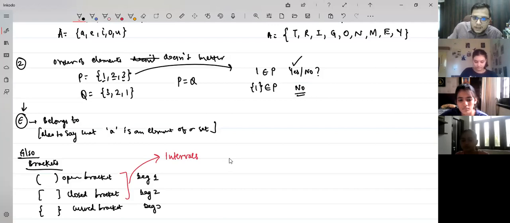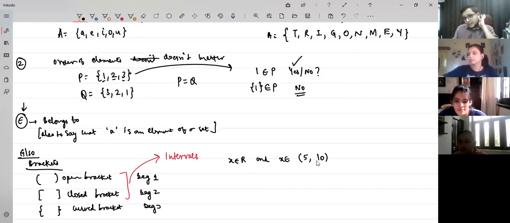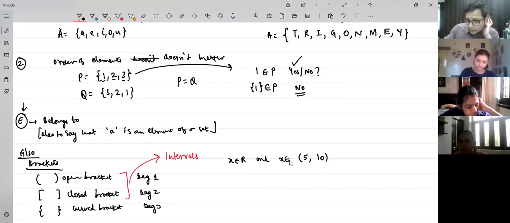For example, I say x belongs to real numbers and x belongs to (5, 10). Now, what do I mean when I say this? All the real numbers after 5 and before 10.